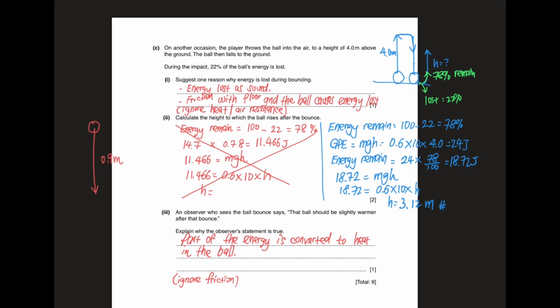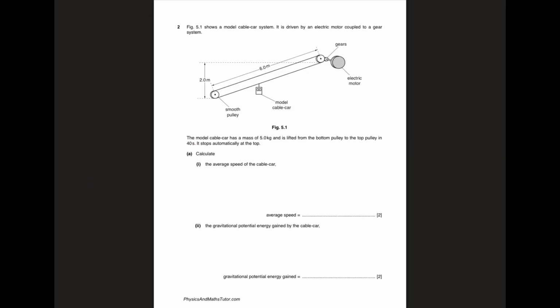Now let's see more so that you get more idea on all this. Okay, so what else can we do? Let's see the next one. Okay, question 2. Figure 5.1 shows a model's cable car system. It is driven by an electric motor coupled to a gear system.